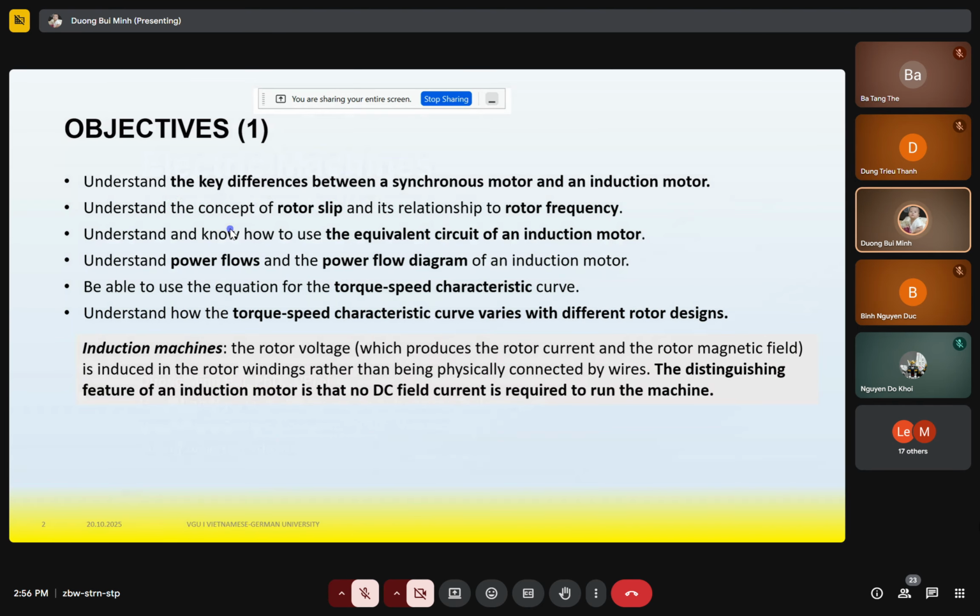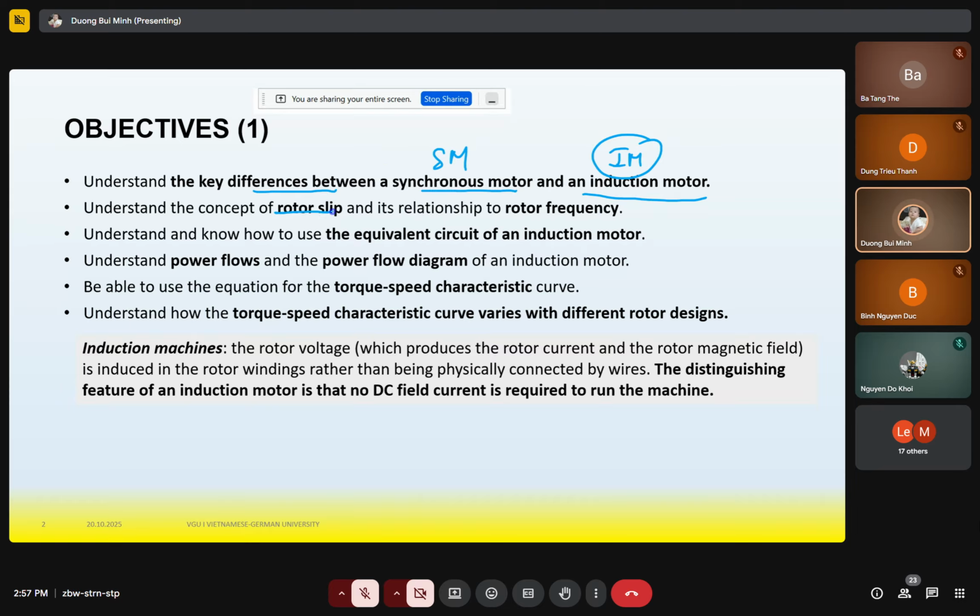So the objectives of these lectures: you can understand the key difference between synchronous motors and induction motors. Synchronous motor we studied before, right? Now we have IM, meaning induction motors.